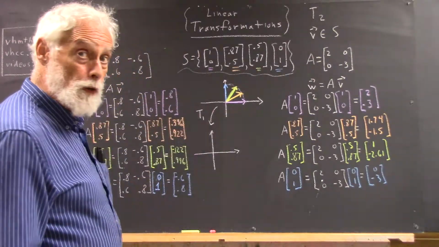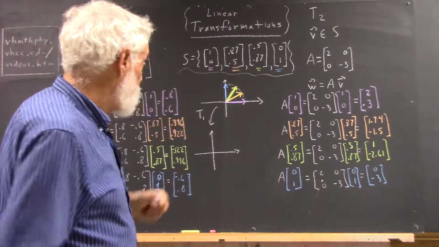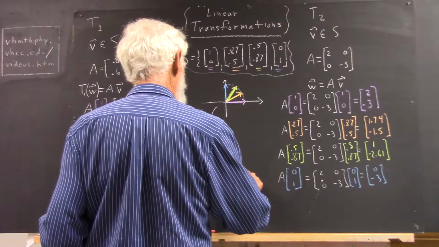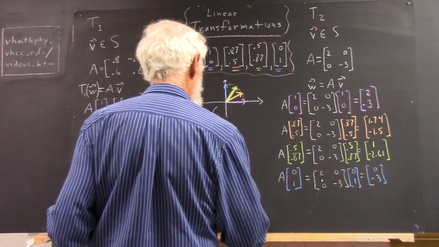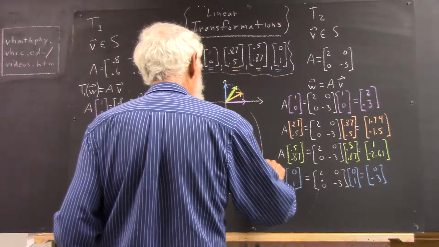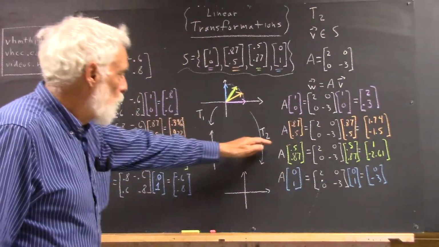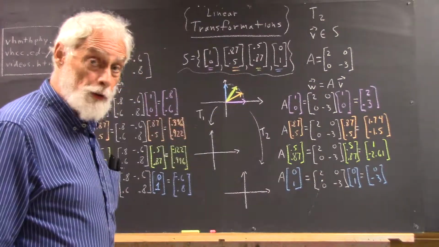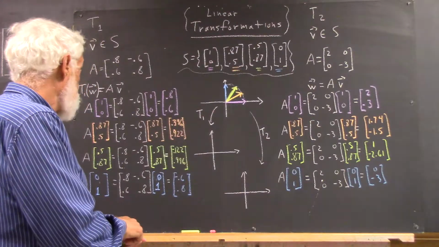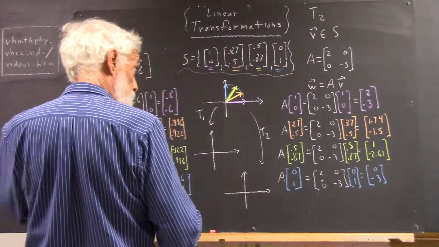We're going to draw these 4 vectors and see just what happened to these vectors. Okay, and then down here, we'll sketch another set of coordinate axes. And this will show us what T2 does to these 4 vectors. Okay, so first of all, our purple vector here is 0.8, 0.6.